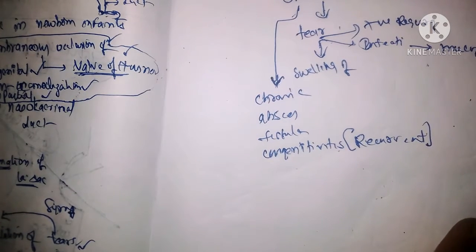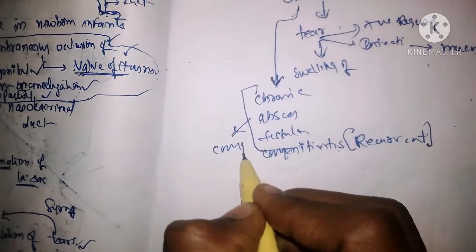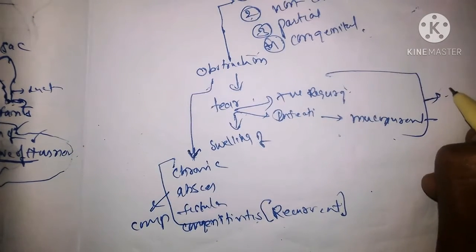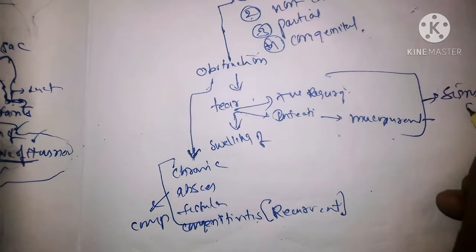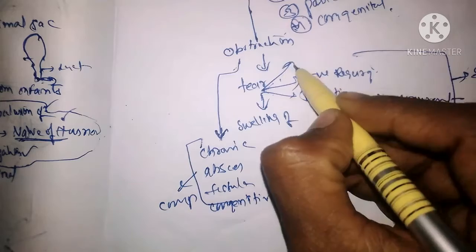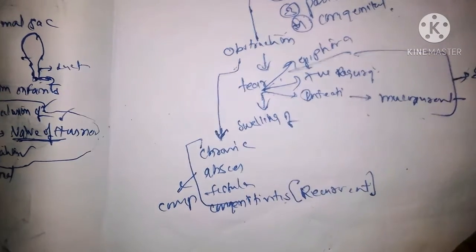These are the complications. These are all signs and symptoms. Clear? And one more thing that I forgot to tell you is epiphora. That is outflow of tears.